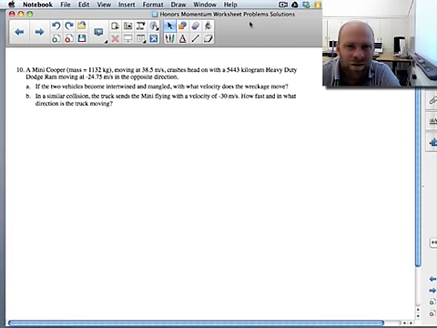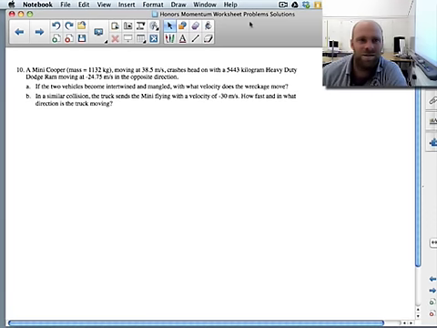And it crashes head on with a 5443 kilogram heavy duty Dodge Ram. Wish I had that truck. Cummins diesel. Anyway, the Dodge Ram's moving at 24.75 meters per second in the opposite direction.